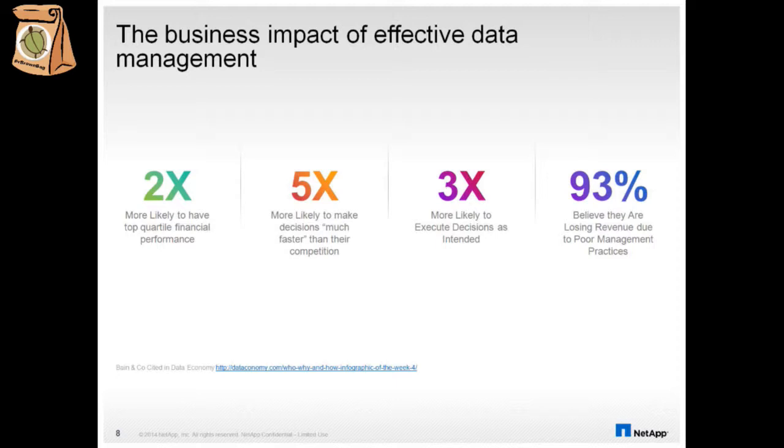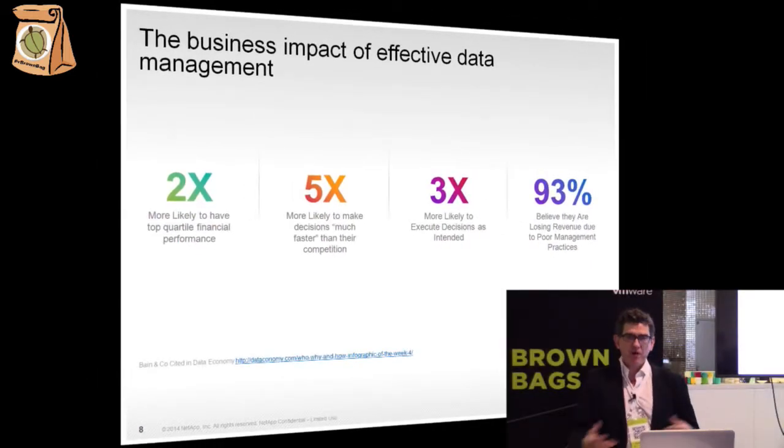These are things which the business really cares about. 3 times more likely to actually do the things that you made the decision on, because it's based on data rather than just guesswork. And again, from Oracle, that's the last thing there, 93% of customers believe that they are losing money because they do not manage their data effectively.